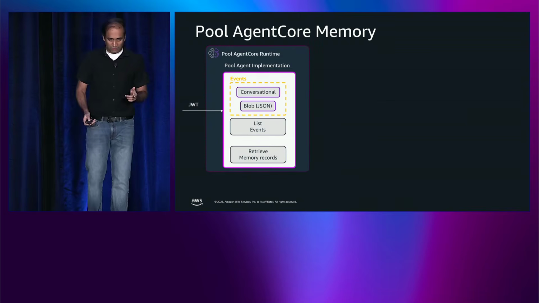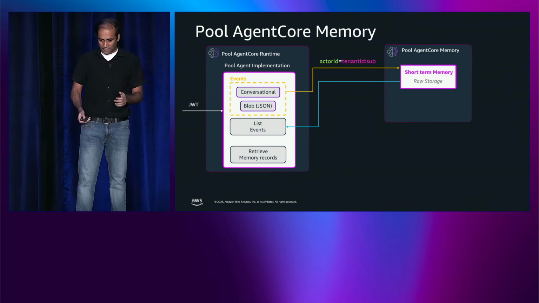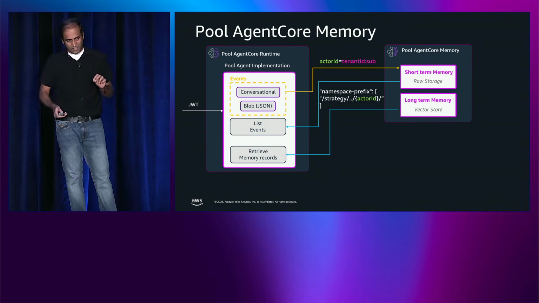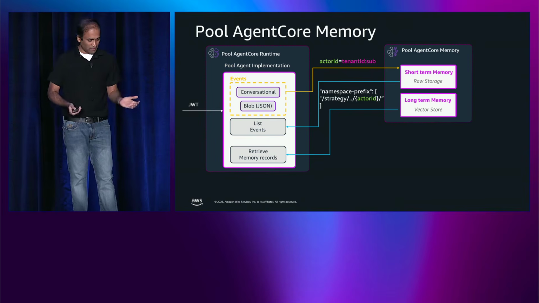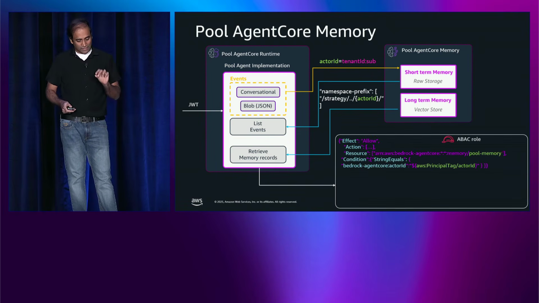For the pool model, you have the pool agent running in a pool runtime, interacting with the pool short-term memory using this actor ID and the namespace. Since it is pooled, shared across multiple tenants, the agent can assume a particular role. Basically, you have to create an ABAC role, which is an attribute-based access control role.